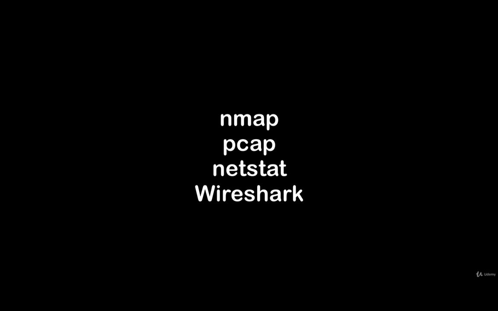And then we have netstat, which can show us the network statistics. It's a very simple tool, but a very effective, quick little tool to show you the picture of what's going on on a Unix, Linux type system at any one time in terms of what's listening, what ports are connected, what ports are blocked.